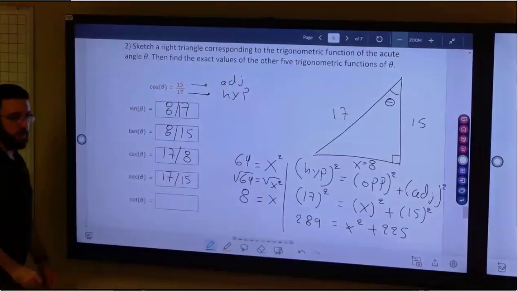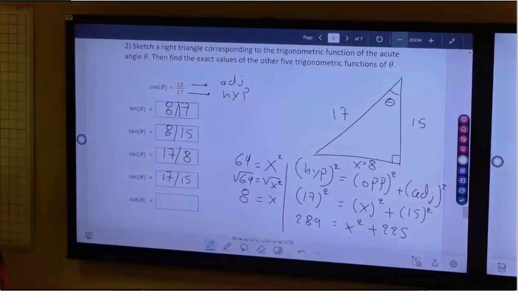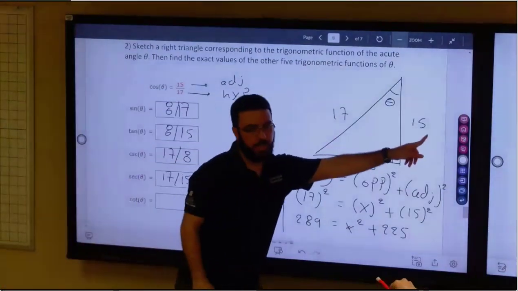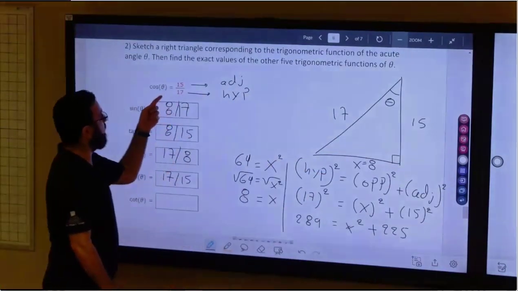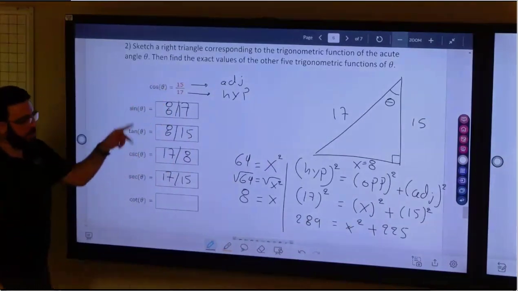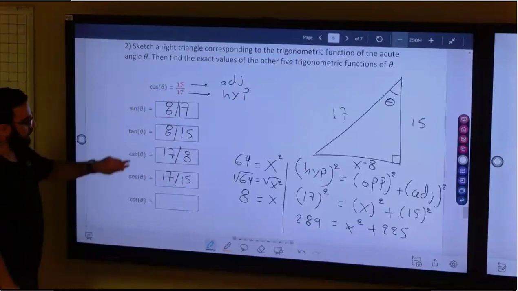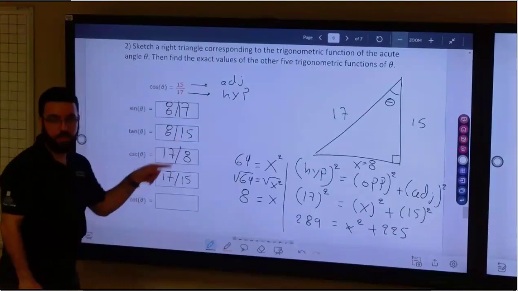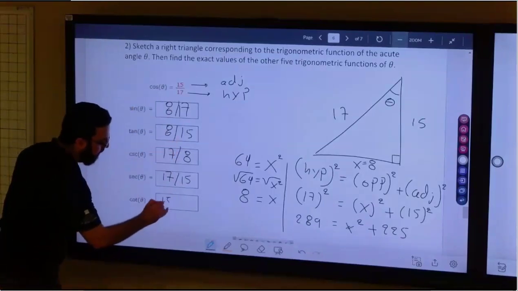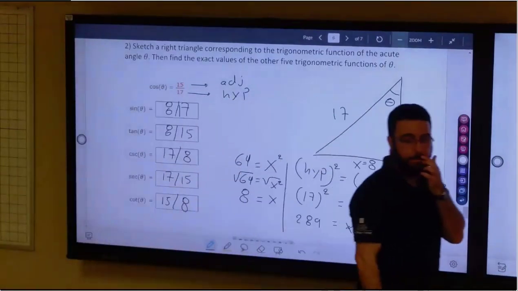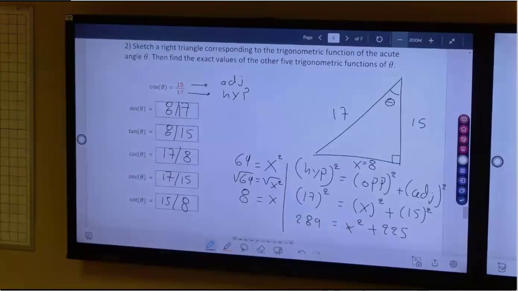Secant is the reciprocal of cosine. But we don't have the cosine. The cosine's up there though. Cosine was given. Oh, the cosine is given, perfect. So the secant is going to be 17 over 15. What about cotangent? It's the reciprocal of the tangent, so it's going to be 15 over 8.